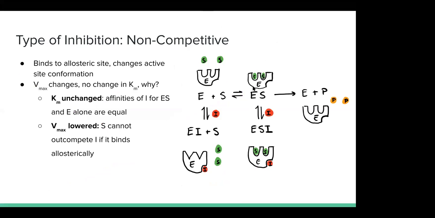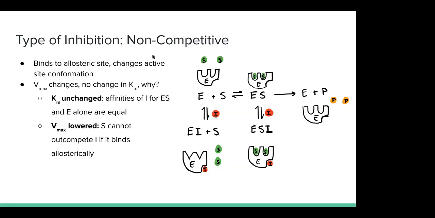All right, our second type of inhibition is non-competitive inhibition. This type of inhibitor binds to the allosteric site on the free enzyme or on the enzyme substrate complex. So the inhibitor has an equal affinity for the free enzyme and the enzyme substrate complex. For an enzyme with a non-competitive inhibitor, Vmax changes, but Km doesn't.